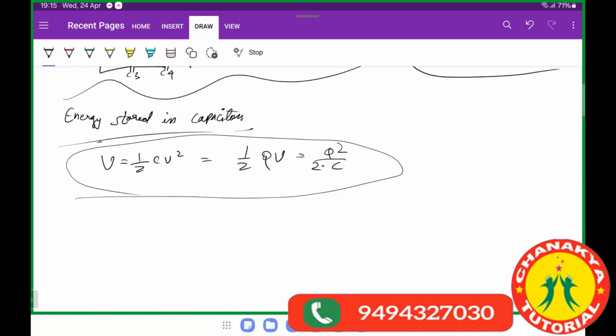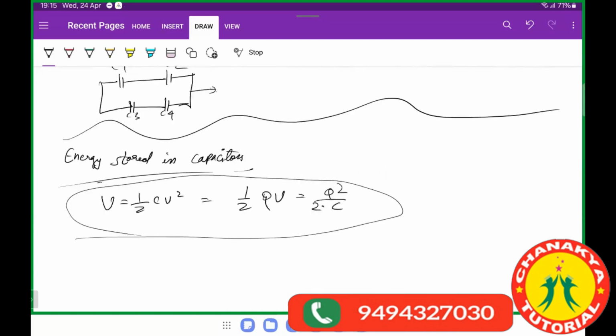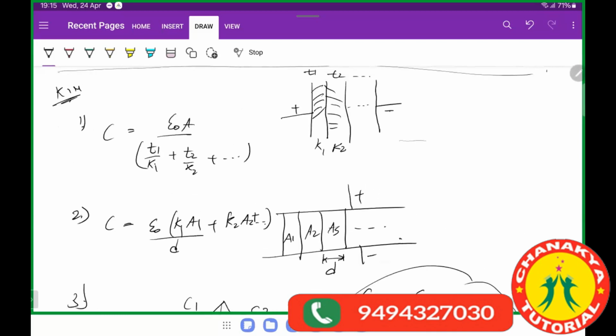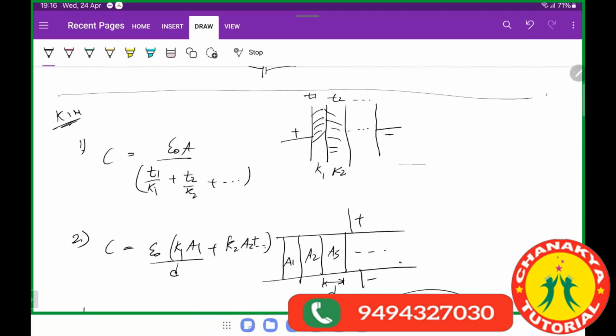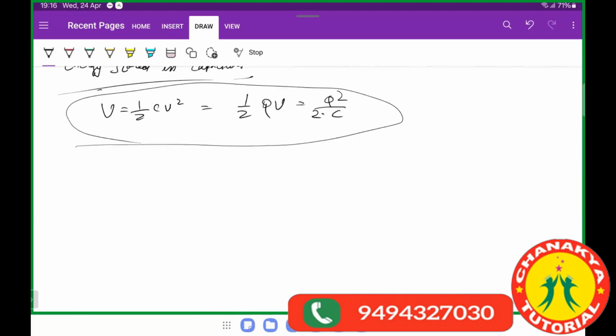Okay, these things like we are keeping with dielectric. All this we saw here, right? Different shapes they have asked in some exams. I saw in some JEE exams also and MHT-CET also.